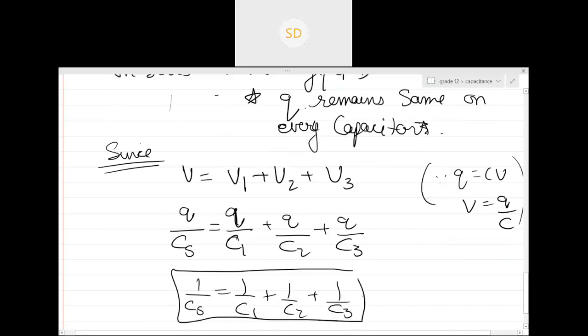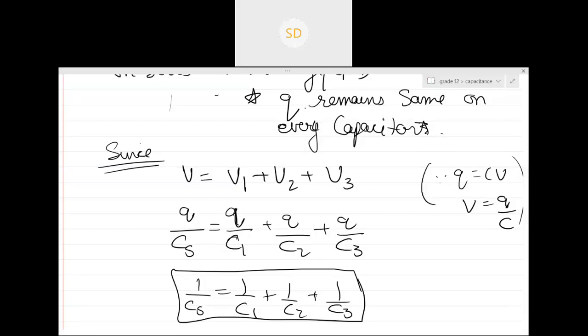Is this clear? So basically, can you see in the series of capacitance, you use the opposite formula of resistance, right? The one which you use for parallel in resistance, you are using for series over here.